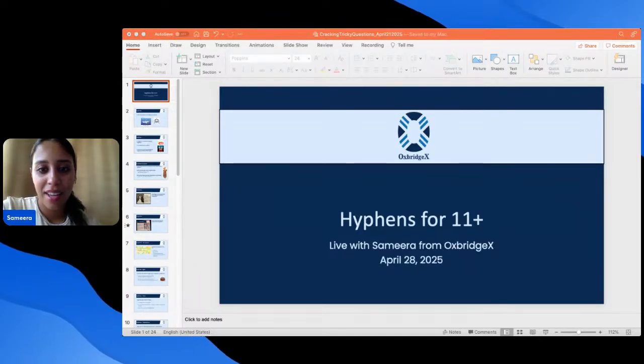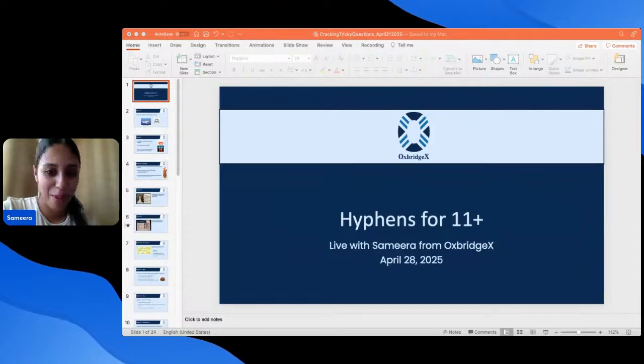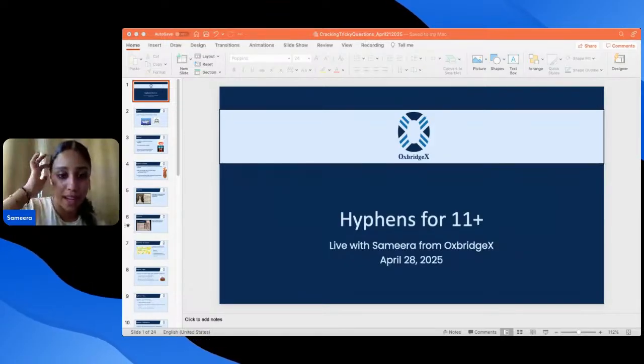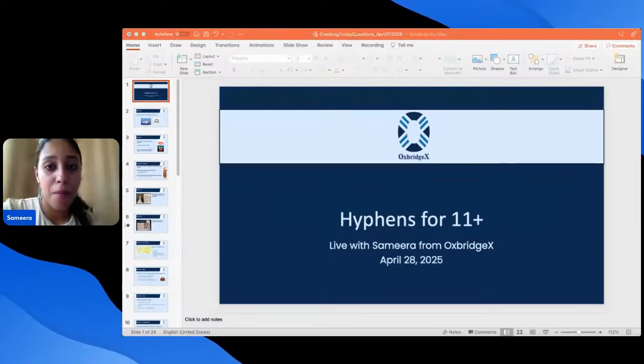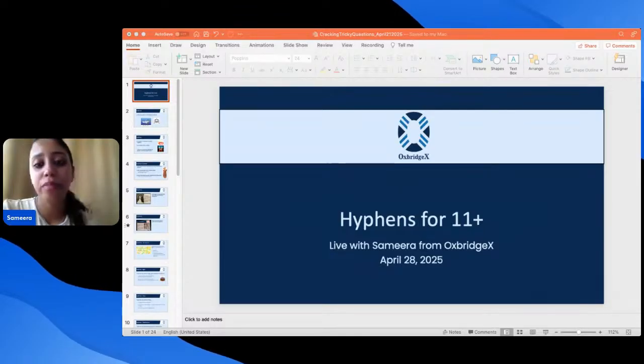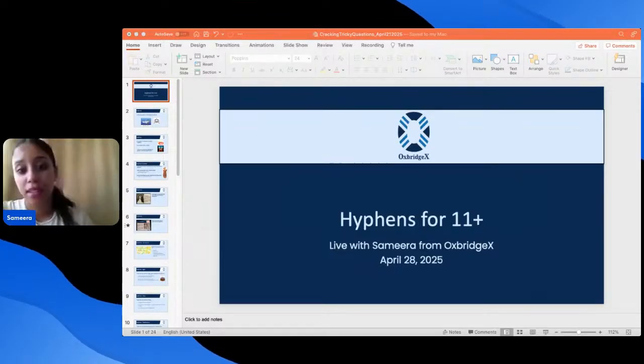Okay, I am going to spoil it for you. A parenthesis is basically a word or phrase that is inserted into a sentence, and if I was to read the sentence without the parenthesis, the sentence would still make grammatical sense.